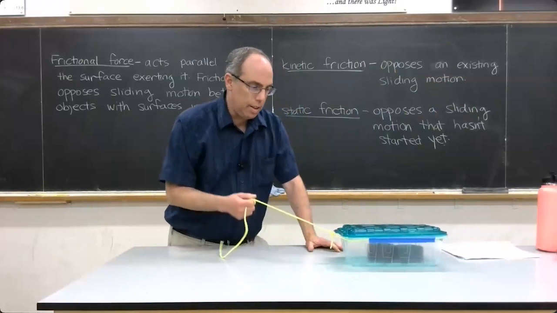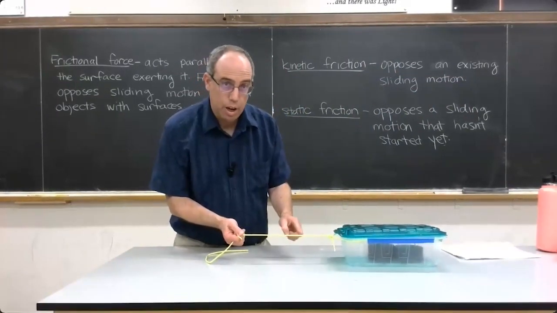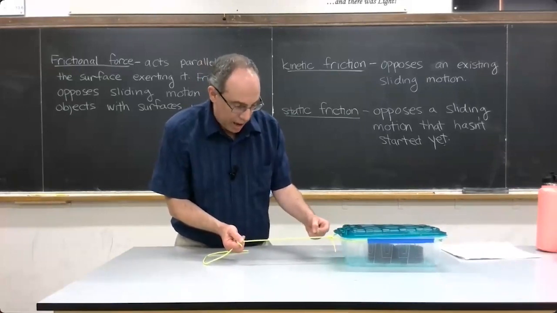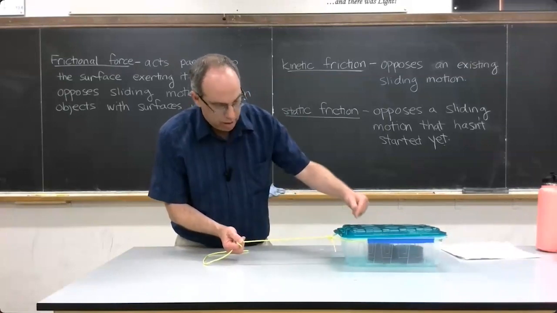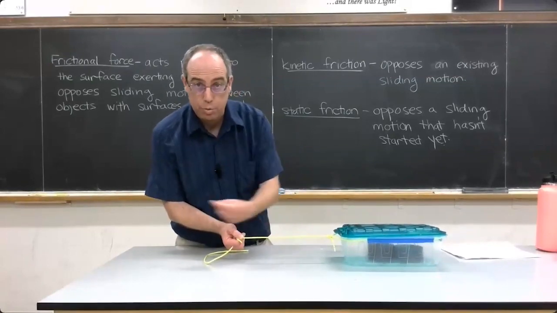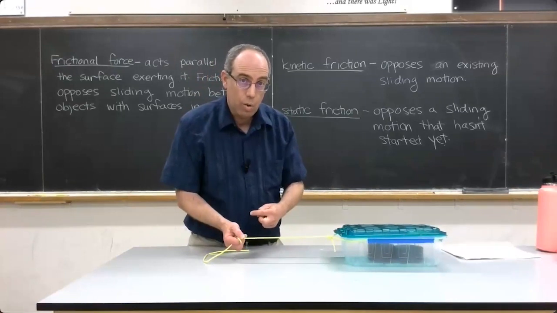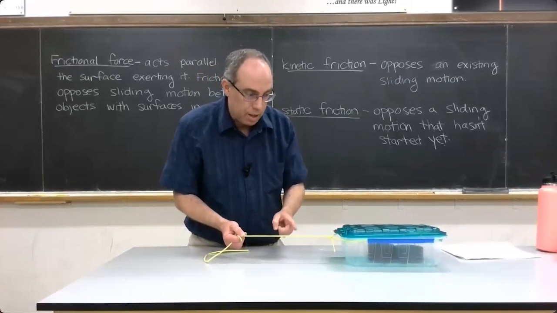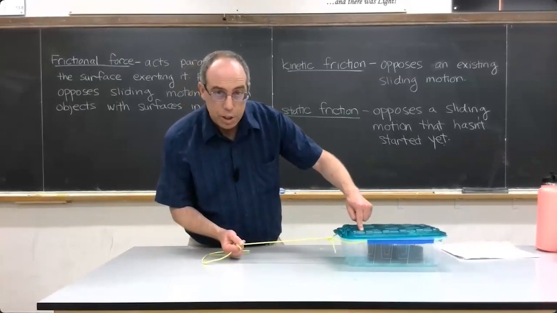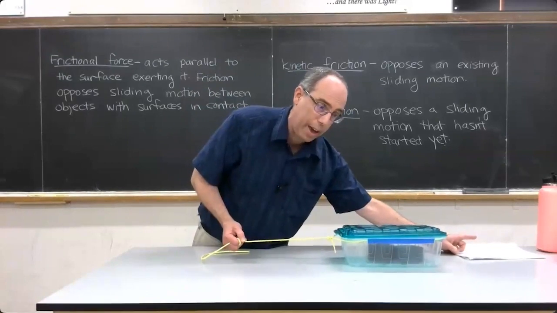On the other hand, let's say I have this box here, and I'm pulling on this string that's attached to the box. We might expect that since I'm pulling on this string, and the string's attached to the box, there's tension in the string, and the box would start sliding along the table, but it doesn't. Why not? It is because this pull of tension on the box is being canceled by a frictional force pointing the other way.